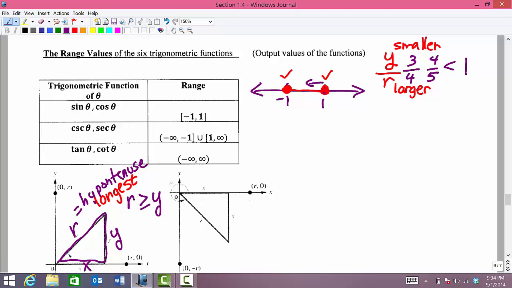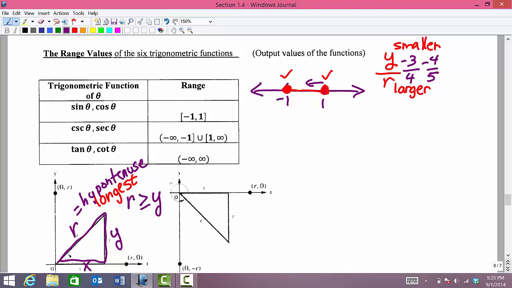But why is -1 at the bottom here? Well, let's say that y is negative. If y is negative, then let's say that we have a -3 and a -4.